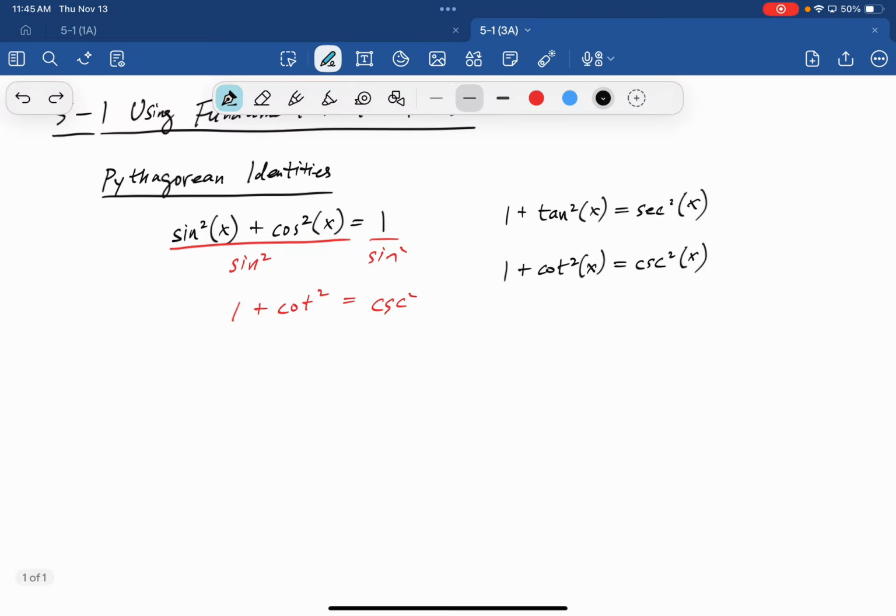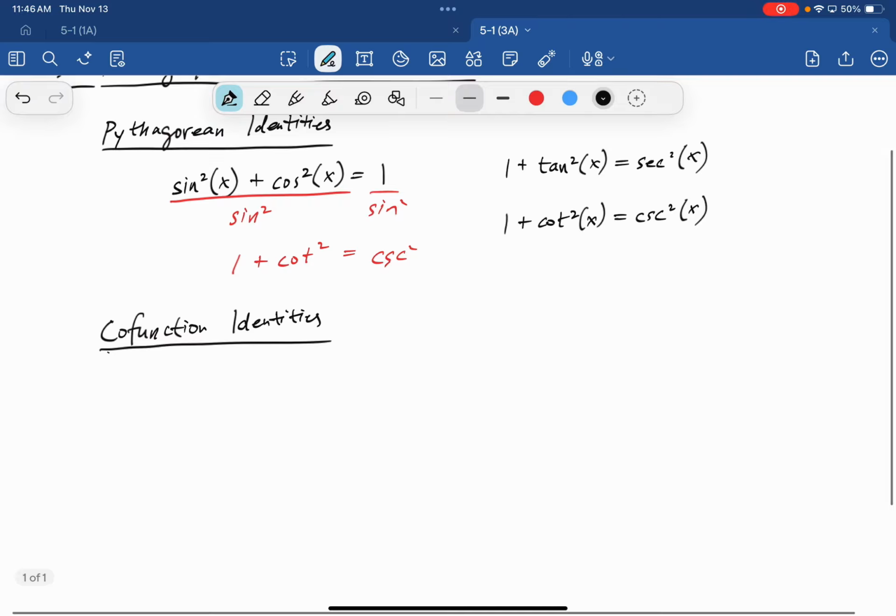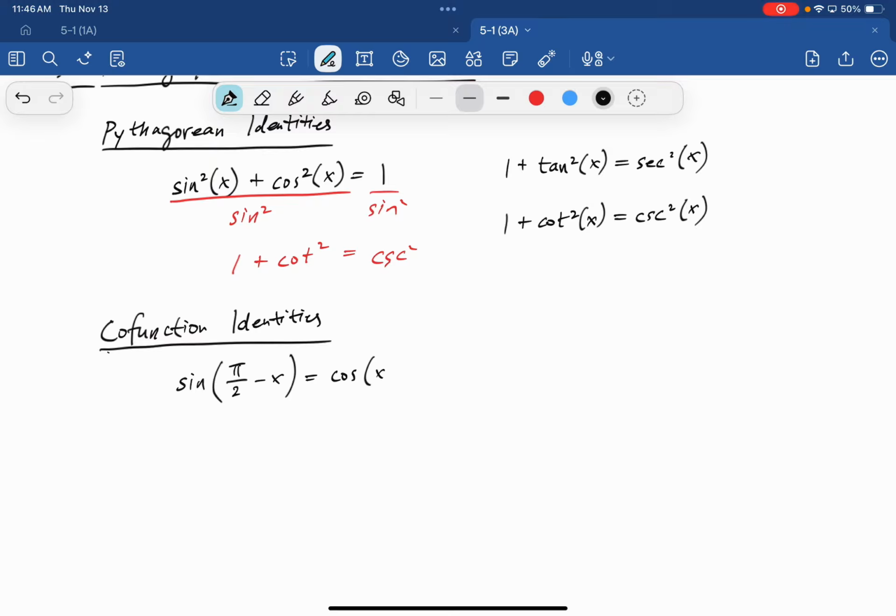We do have more to memorize. But the good thing is we already memorized them. We also have cofunction identities. If you recall from 4-3 or something, we memorized these things called cofunction identities. That is, sine of pi over 2 minus x is equal to cosine of x.